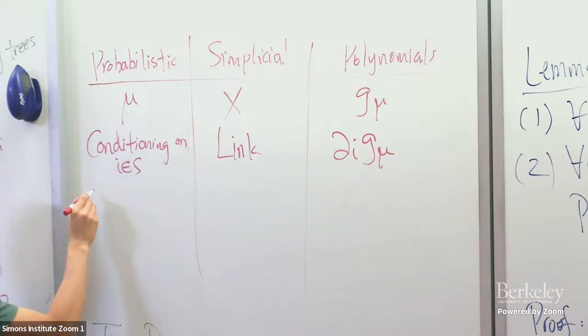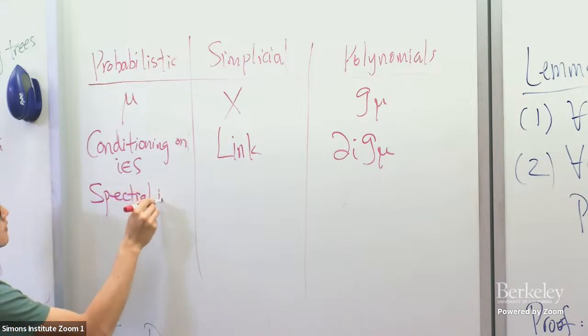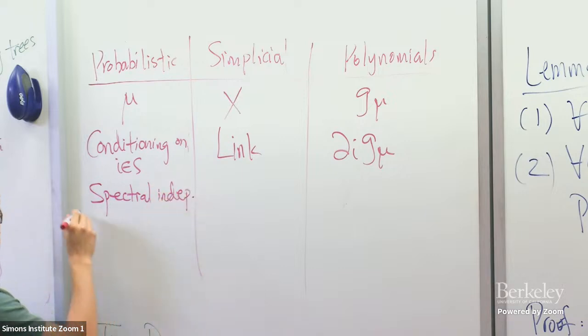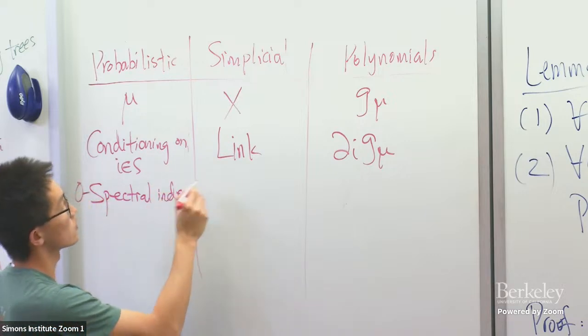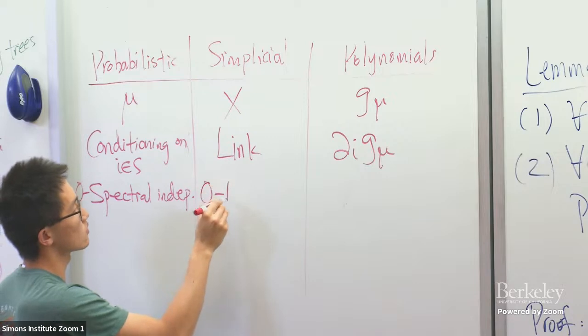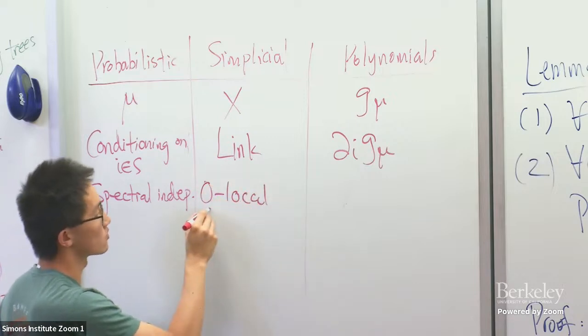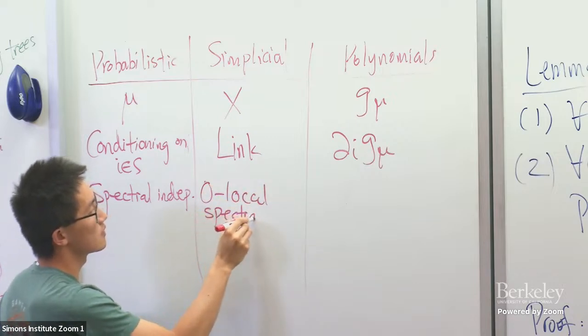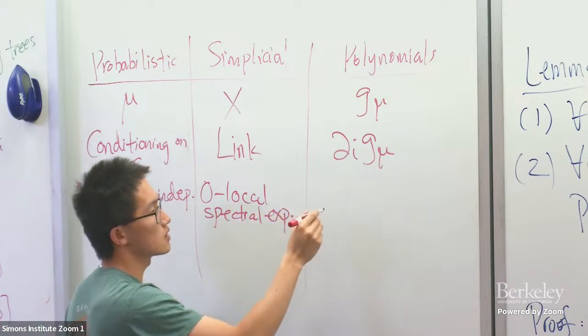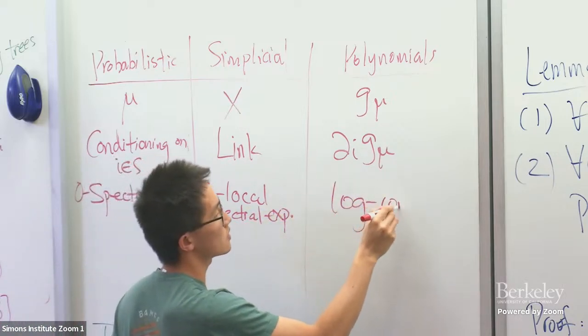We have spectral independence. Let's say zero spectral independence. In simplicial complex language, it's called zero local spectral expansion. And here in polynomials, I have log-concavity.